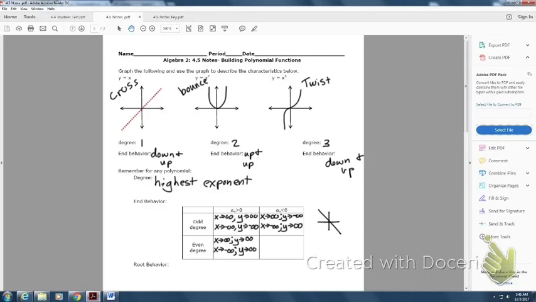And if that parabola is reflected, what are those two values? Positive or negative infinity? Negative. So same thing, just with negative infinity at the ends. Get that written in there real quick.